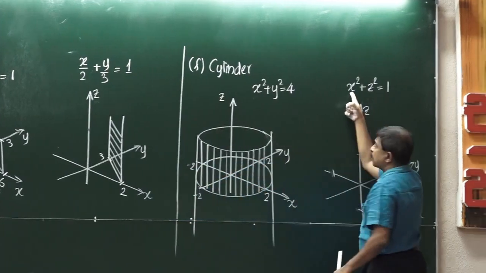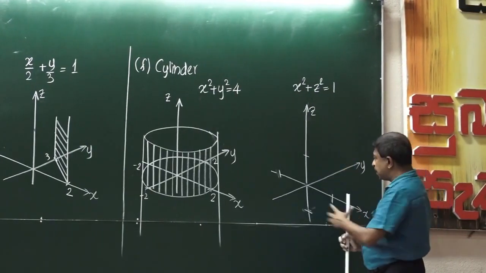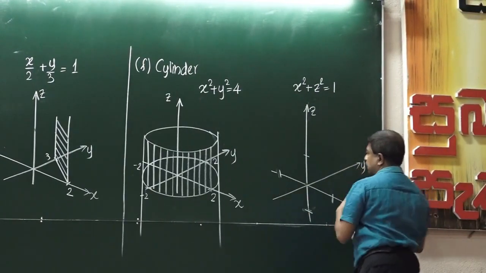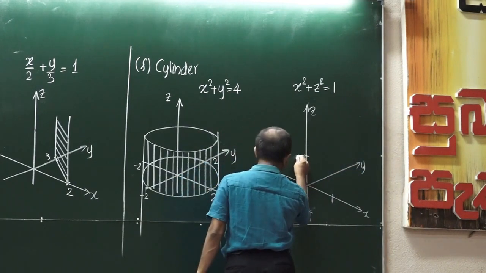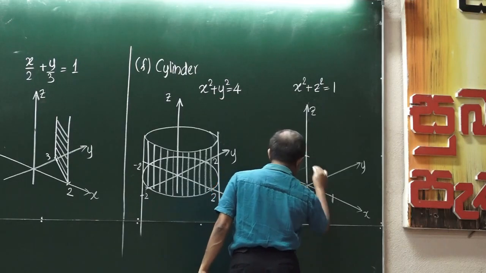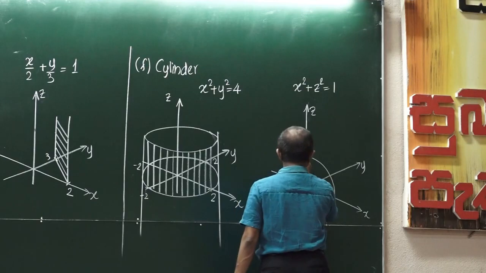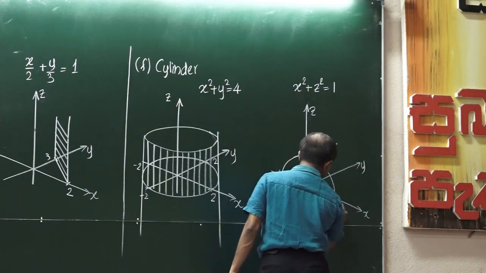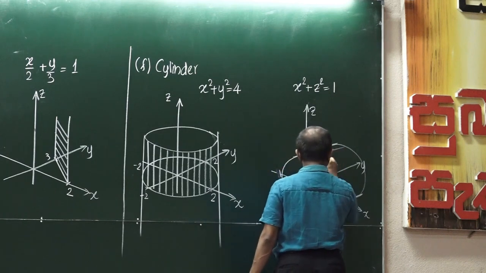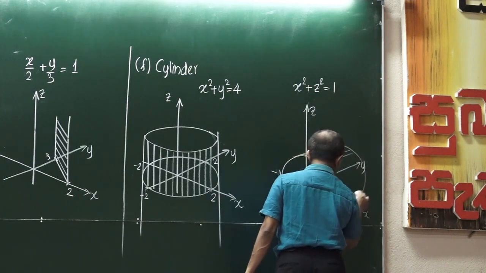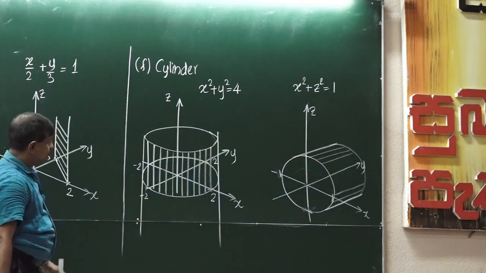And here the missing variable is y, that means it should be parallel to the y axis this way. So, sketch the circle on the xz plane, circle of radius 1, and then pull it along the y axis. So, it is like that.